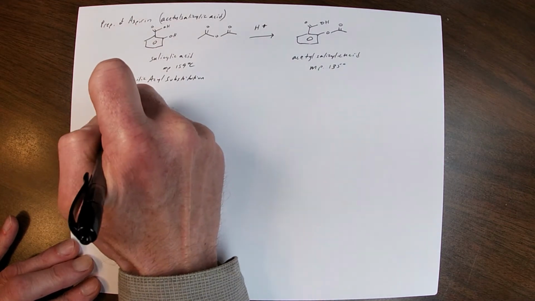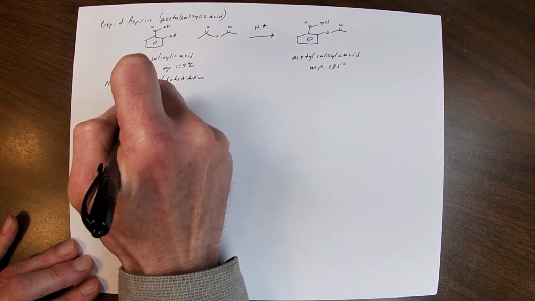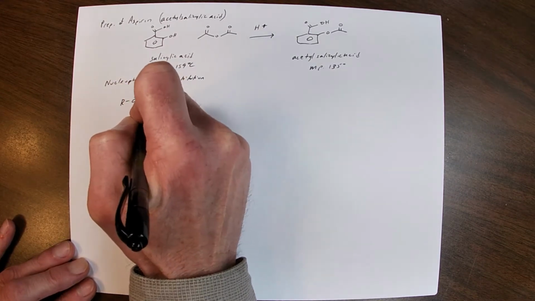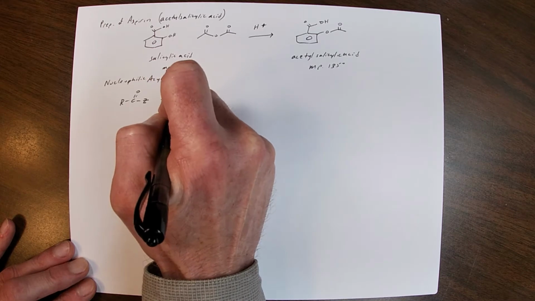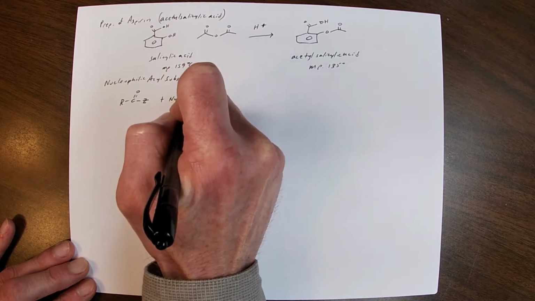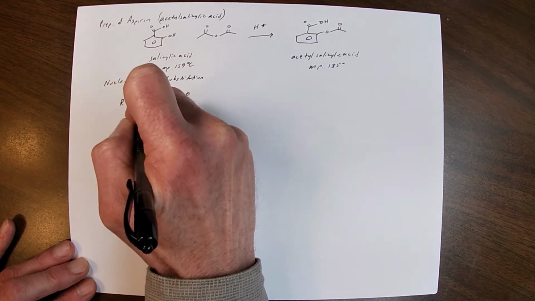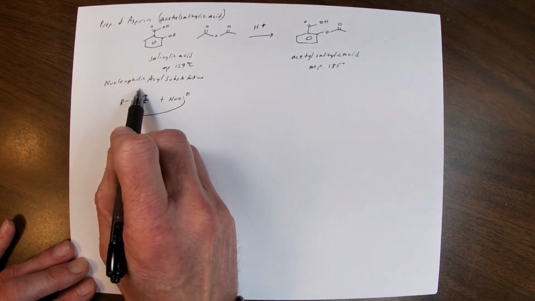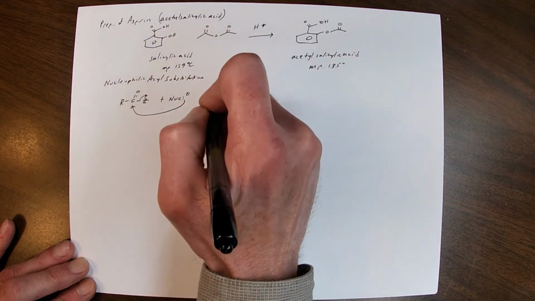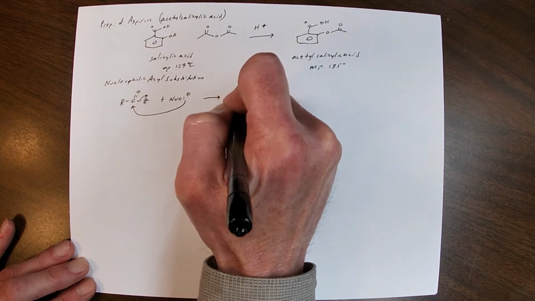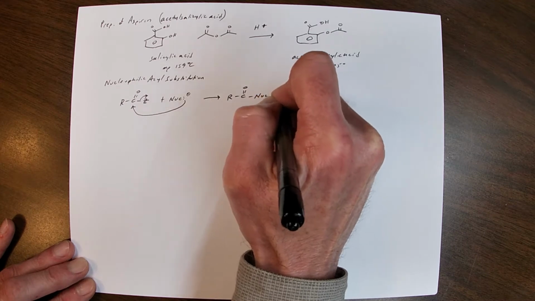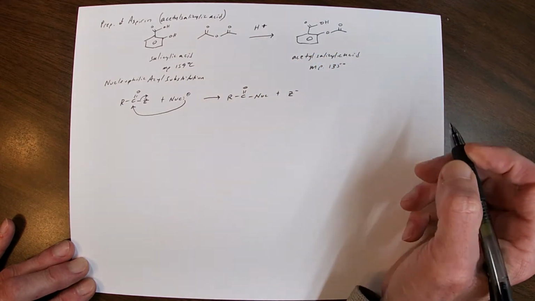And again, the overall reaction, you have an acid or an acid derivative, and you have a nucleophile, and the nucleophile substitutes for the leaving group. Again, you have a tetrahedral intermediate, electron pair flips up, flips back down, kicks off the leaving group, and the overall reaction, of course, is you substitute the nucleophile for the leaving group.